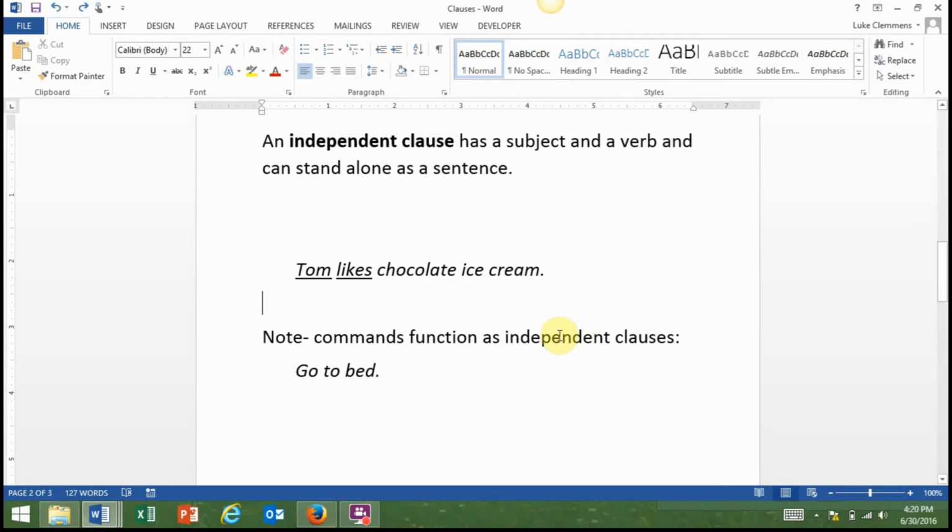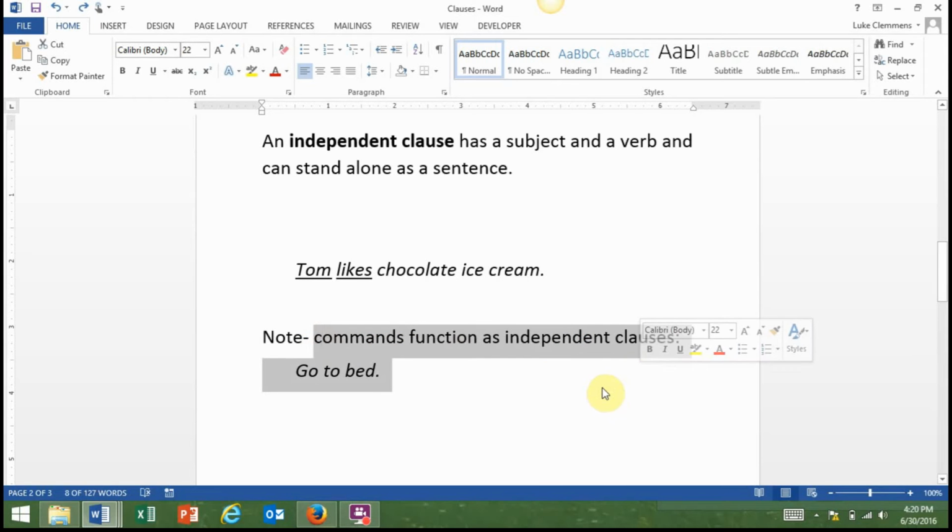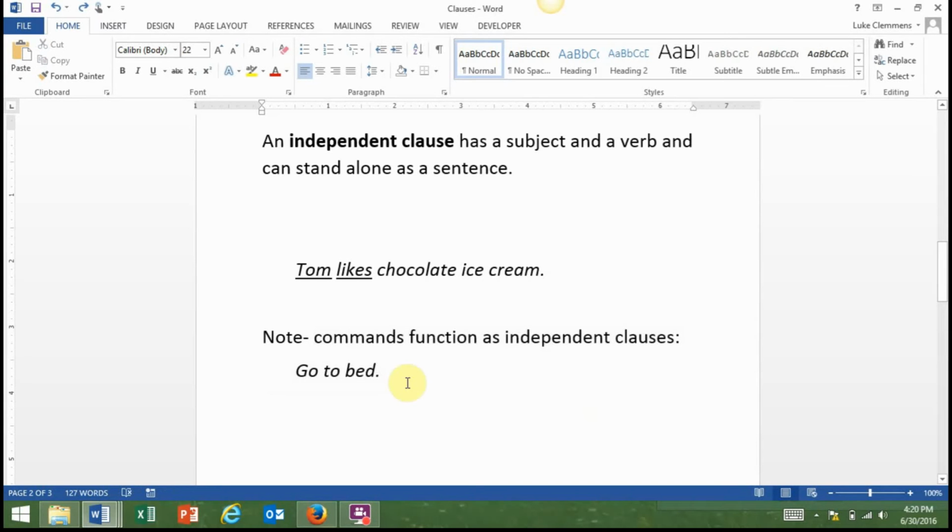Side note, commands also function as independent clauses. So, go to bed is an independent clause, and this is the kind of thing that trips people up a little bit with commands. They look at this example and they think, okay, I see the predicate, go, but where's the subject? With all commands, the subject is always implied, and it's always implied that the subject is you.